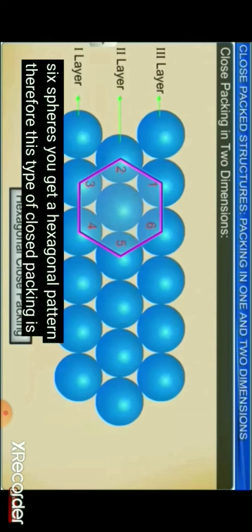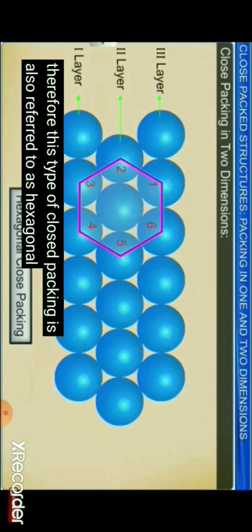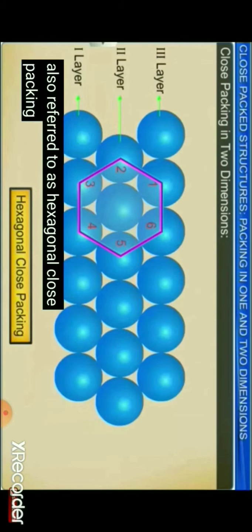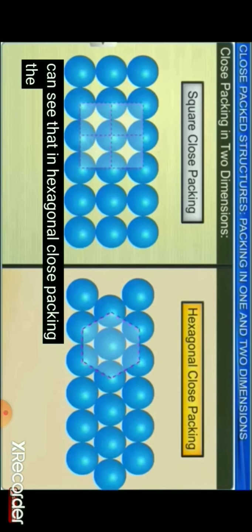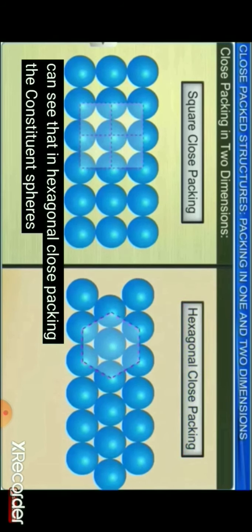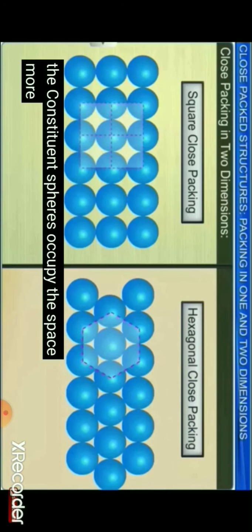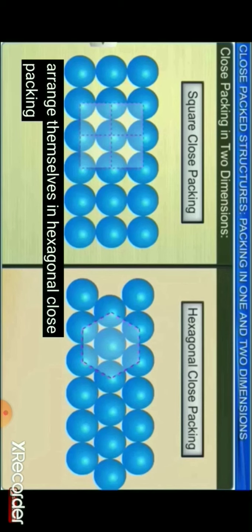Therefore, this type of close packing is also referred to as hexagonal close packing. If you compare the two arrangements, you can see that in hexagonal close packing, the constituent spheres occupy the space more efficiently. Therefore, constituent particles will arrange themselves in hexagonal close packing in a plane or two dimensions.